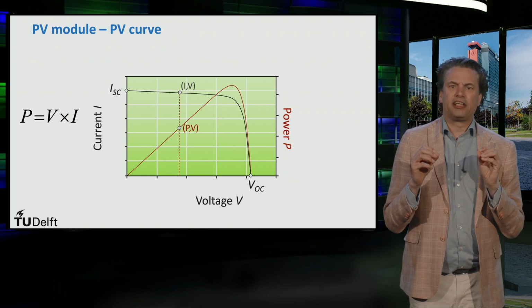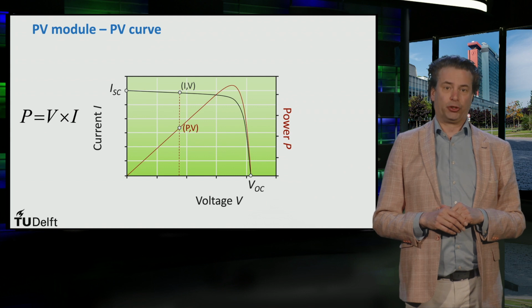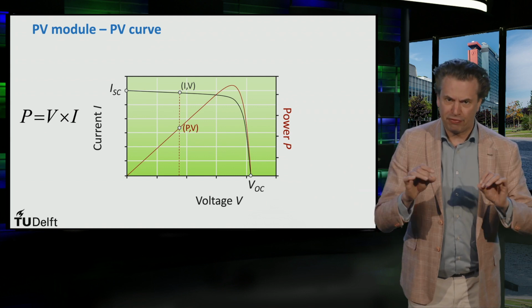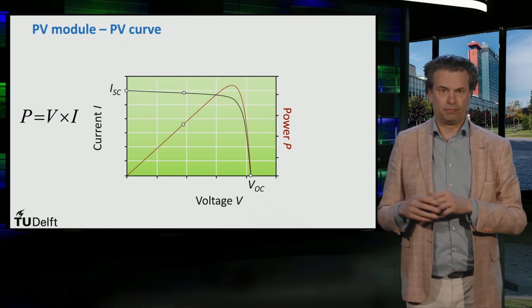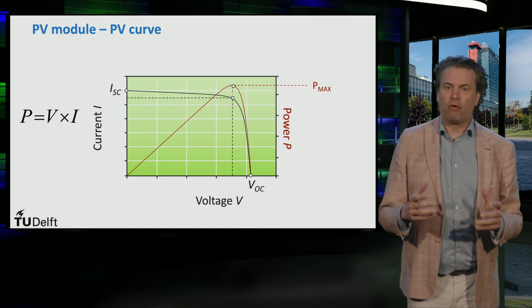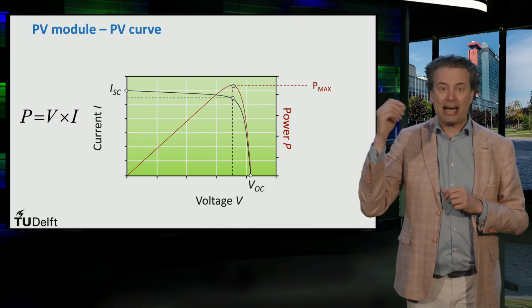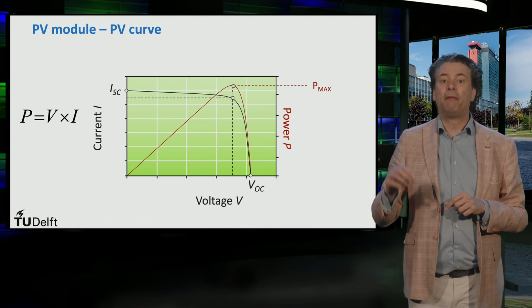Now, what is the significance of the P on the PV curve of a solar module? Well, this is the power that is produced and delivered to the rest of the PV system and eventually the load. Therefore, it's clearly advantageous that the solar module operates at maximum power, as seen in this figure at the peak of the PV curve.